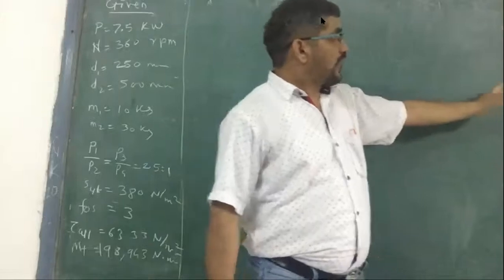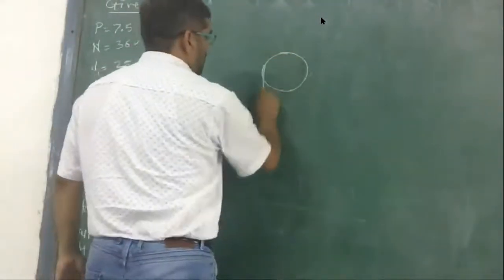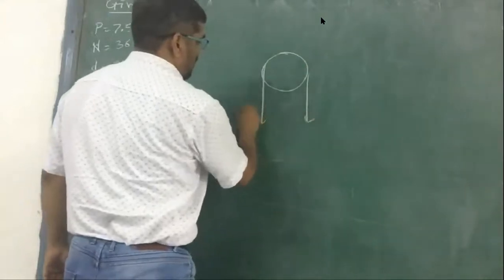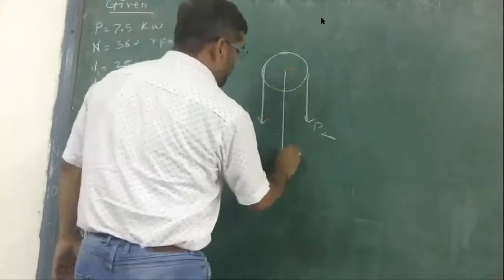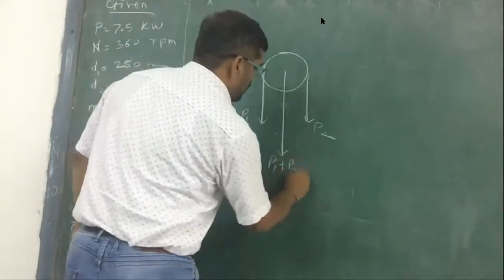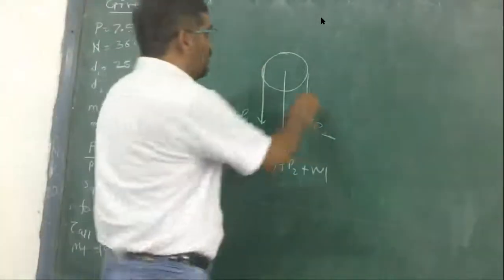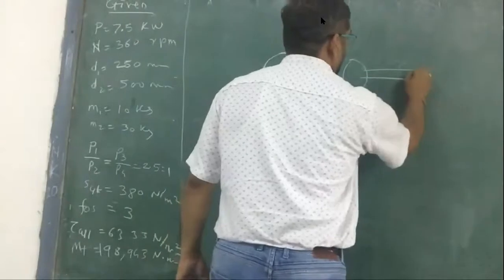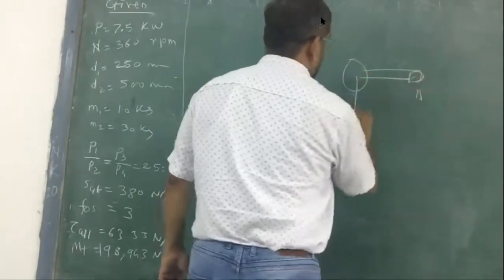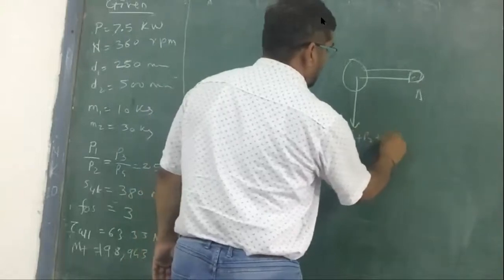At 1, the loads are P1 and P2, both going downwards, so the load will be P1 plus P2 plus W1. The weight of the pulley is also a load. So if this is the pulley and this is A, then the load is P1 plus P2 plus W1.